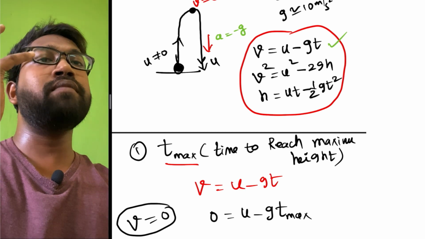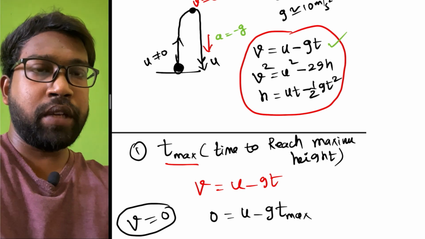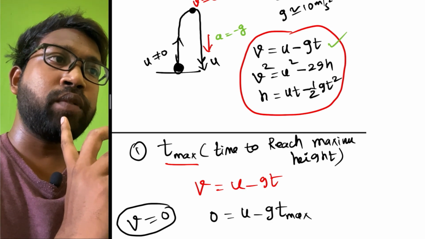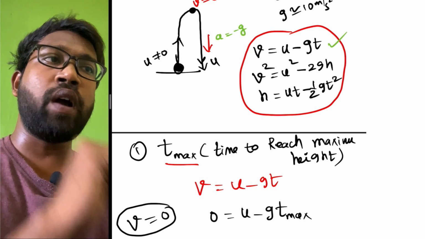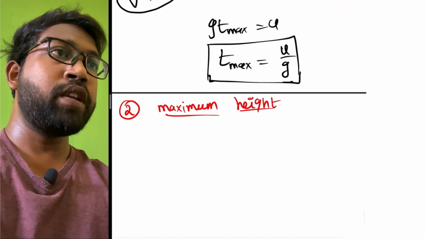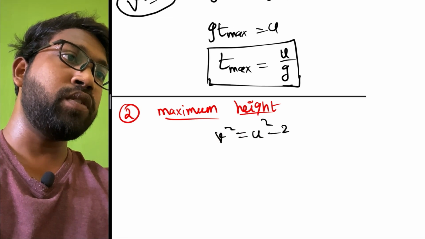You don't have the information of time period. So which equation do we choose? I need a height also, right? So I would like to take the second equation. Here I have u and v and h. Simple. So the second equation is what? v square equal to u square minus 2gh.